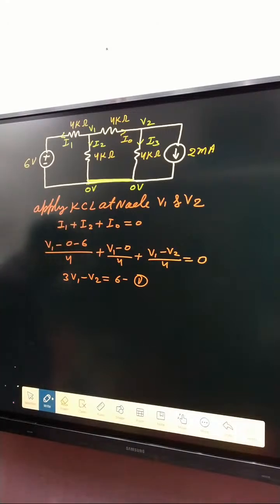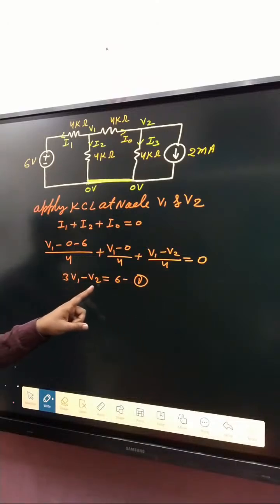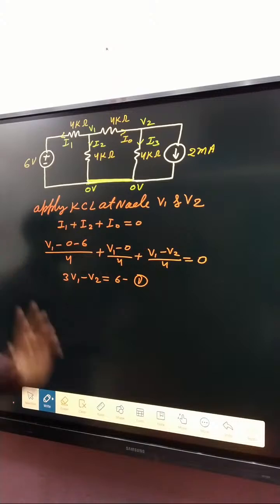I hope everything is okay. So 3V1 minus V2 is equal to 6. That is equation number 1.